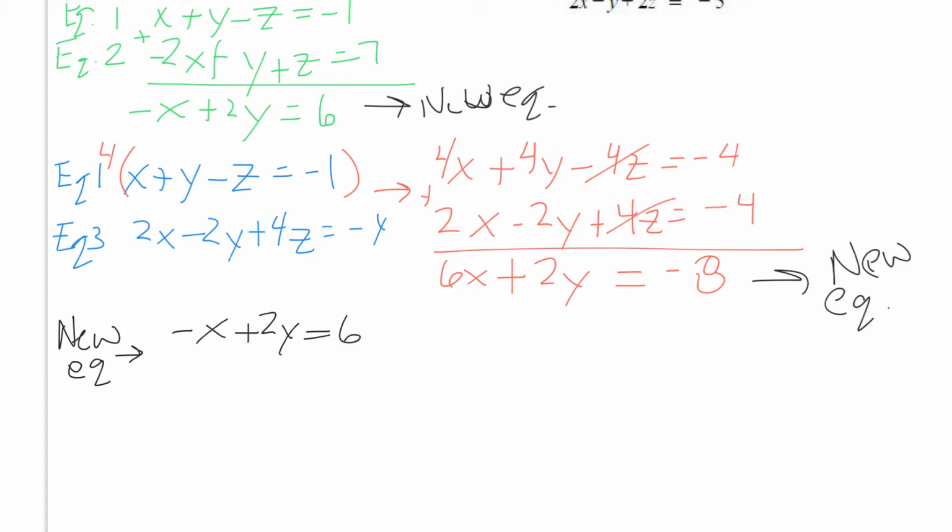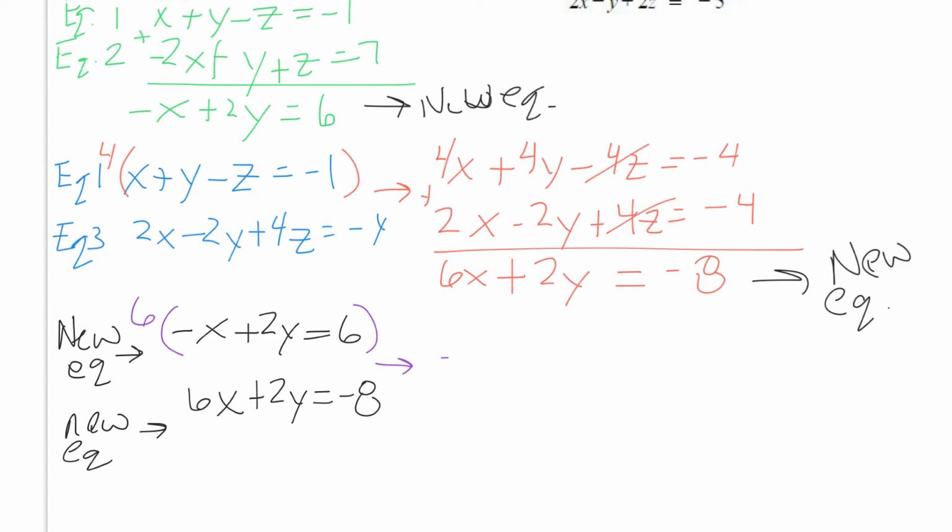And then I'm going to take new equation number 2, which is 6x plus 2y equal to negative 8. And now I'm going to go through and solve this just like we did the other day. So if I want to eliminate, I can either do my x's or my y's. It does not matter which one.